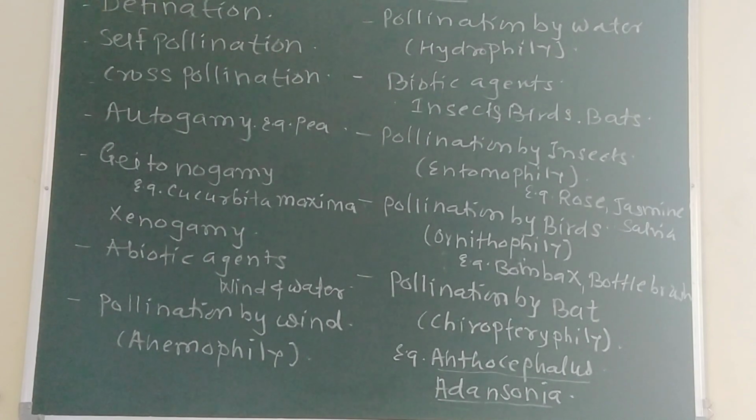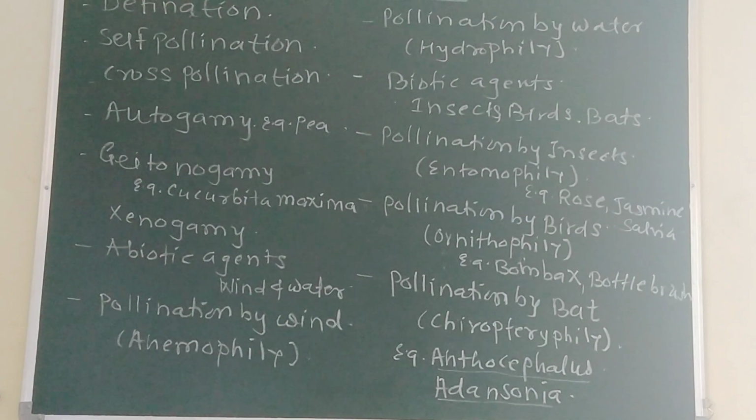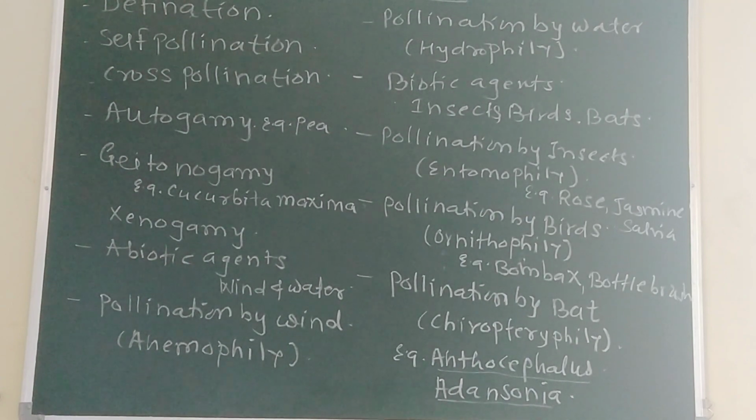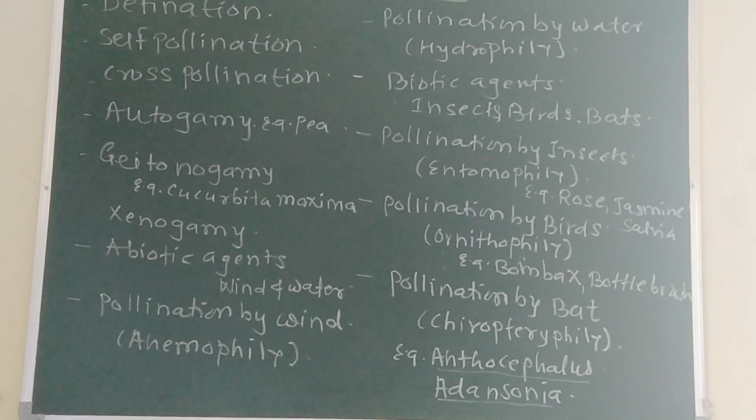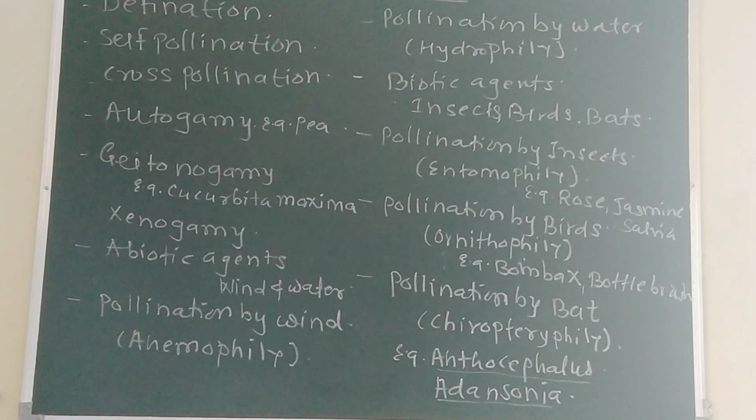Hydrophily is of two types. First, hypohydrophily. Pollination occurs below the surface of water. Pollen grains are heavier than water, and therefore they sink down and are caught by the stigma of the female flower. Example, Zostera.